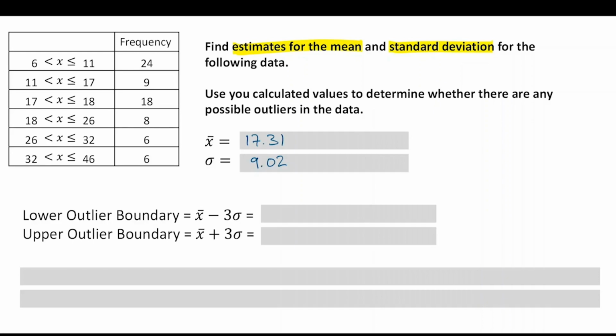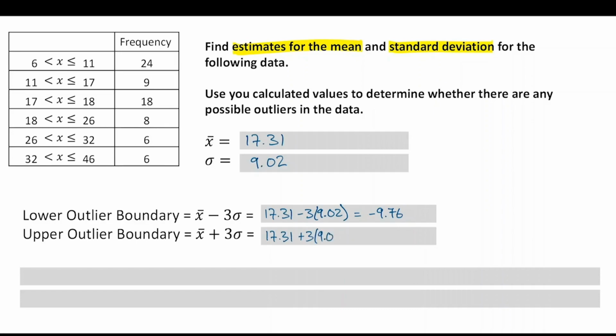Any values beyond these may well be considered outliers. So here's the calculation for the lower outlier boundary, and we get negative 9.76. If there are any values smaller than negative 9.76, they would be outliers. There are no values smaller than negative 9.76.